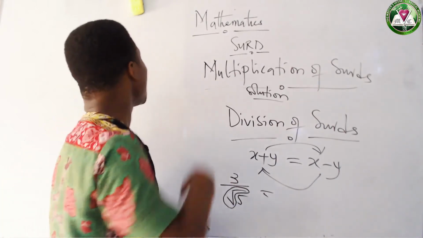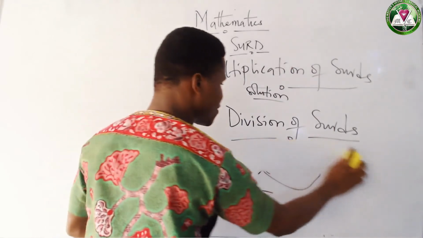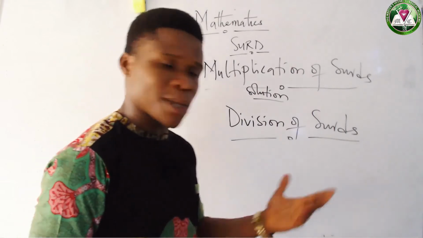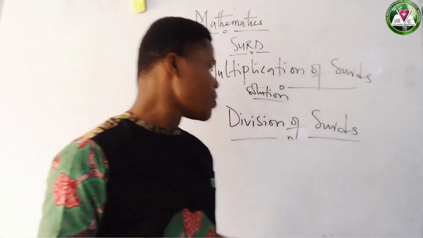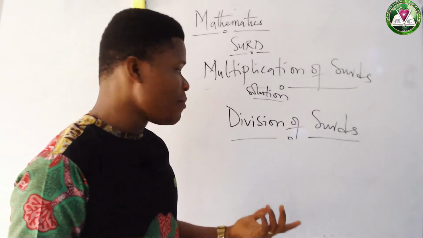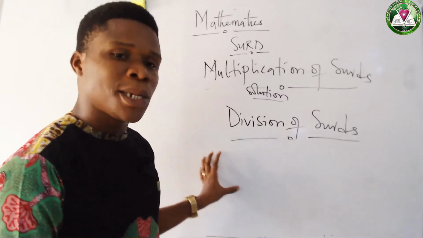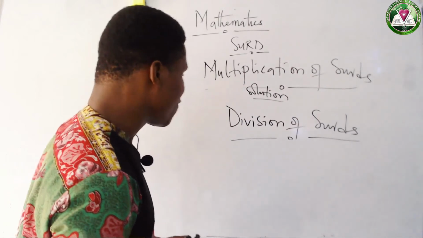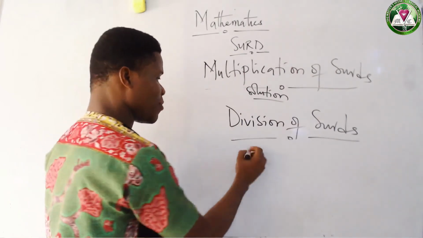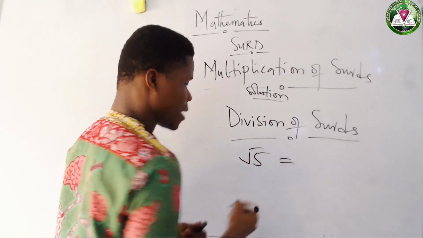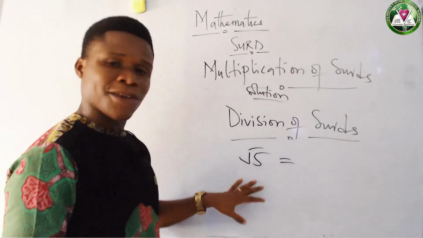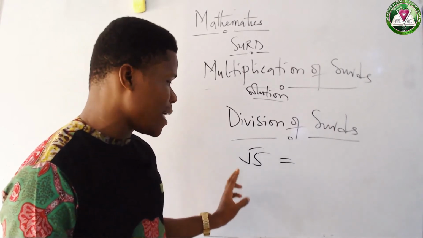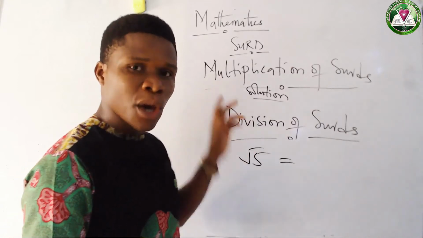Now, the question is, how do we rationalize numbers in surds? By rationalization, we mean you change the number to a rational number. So, assuming we have root 5, we have to rationalize it. This is an irrational number. In rationalization, we're trying to say, let this root 5 be a whole number.